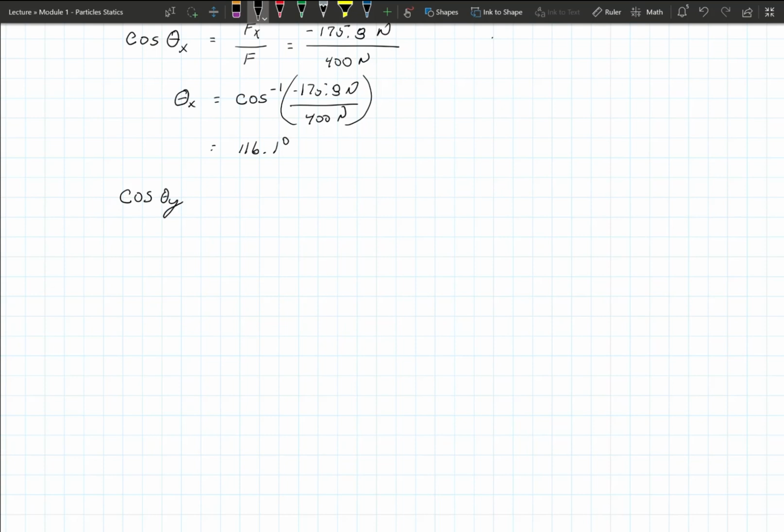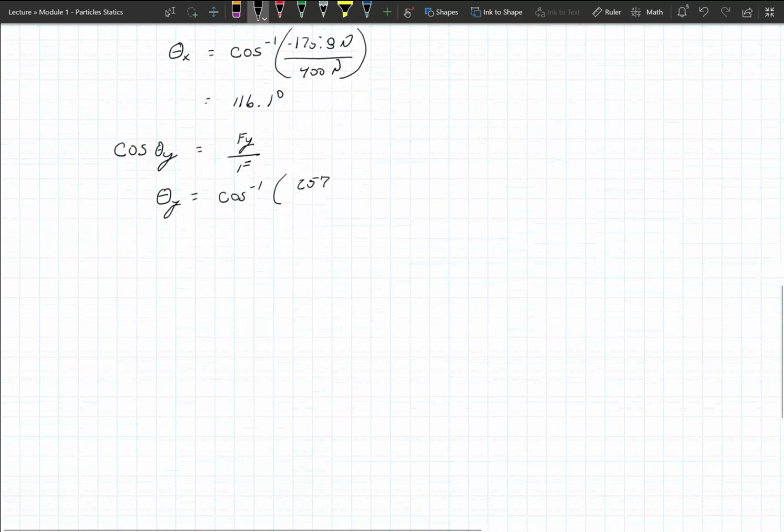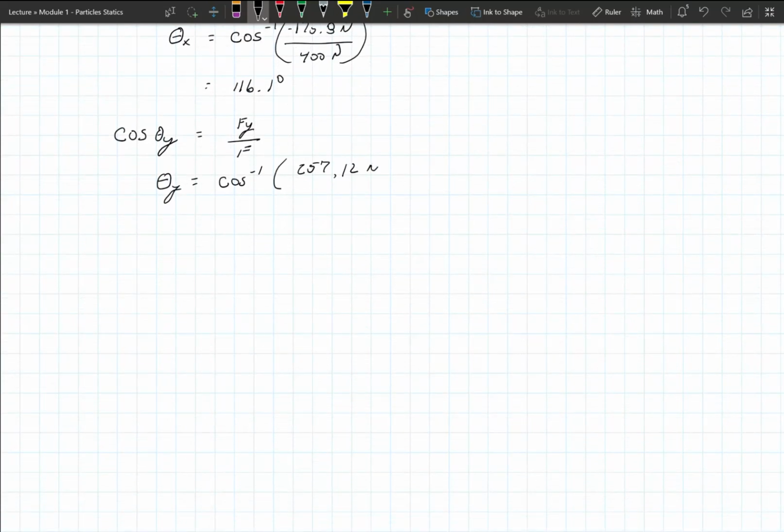Cosine theta y is going to be equal to F of y over F, and same trig, just different numbers. And this is negative 257.12 newtons over 400 newtons, and we're going to get a value that is 130 degrees.